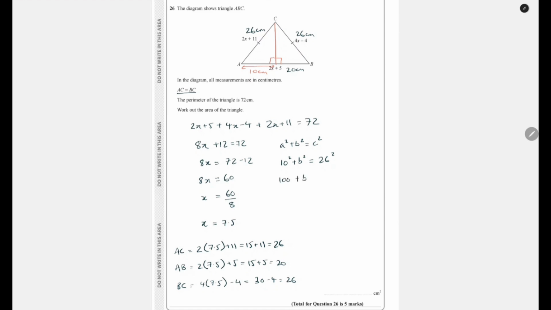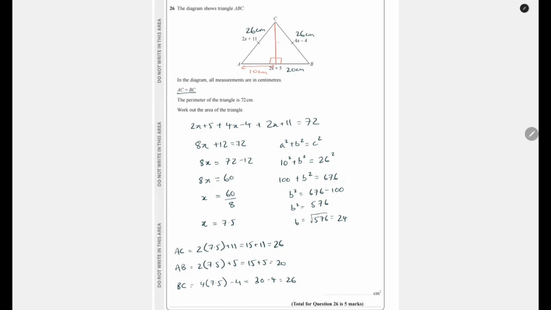100 plus b squared is equal to 676. And so if we make b squared the subject, it's 676 minus 100. B squared is 576. And so b is the square root of 576, which is equal to 24.